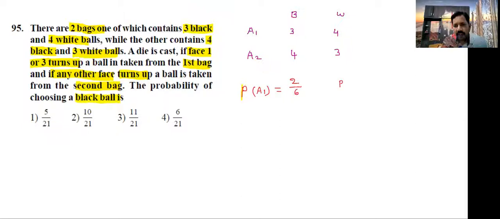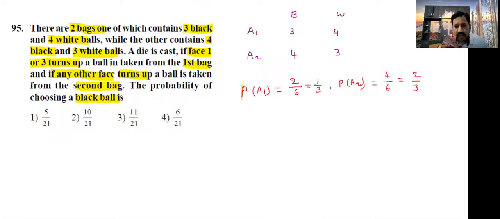Now I am going to the second bag. If you roll the die and get anything except 1 or 3, out of 6 numbers, the remaining 4 faces are there. Out of 4 faces, get any one. So P of A1 is equal to 2 by 6, that is 1 by 3. Now P of A2 is equal to 4 by 6, that is 2 by 3.